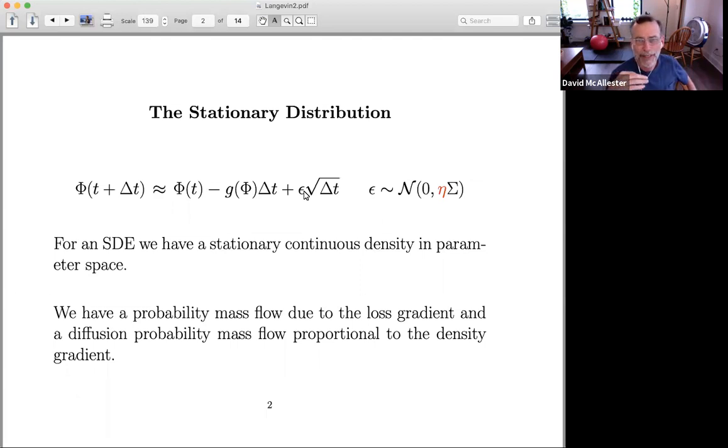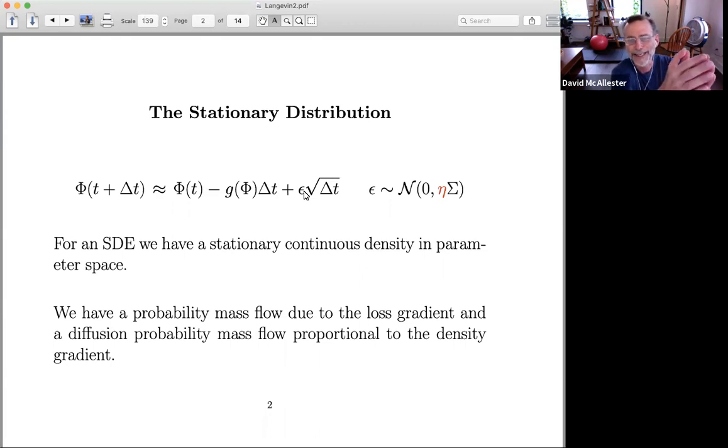Now, to analyze locally what a flow is, all you do is you look at the rate of change of the probability density. So in a neighborhood, you've got a high density place and a lower density place. And if both of those are undergoing stochastic motion, there's motion from the high density to the low density and from the low density to the high density. But there's more mass in the high density than in the low density. So you get a flow from the high density to the low density.